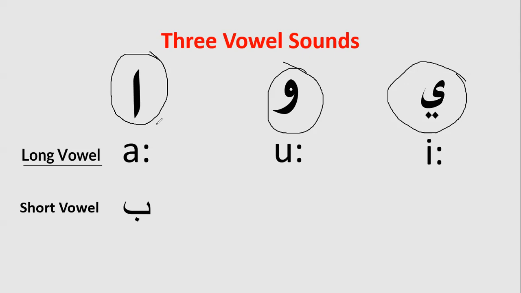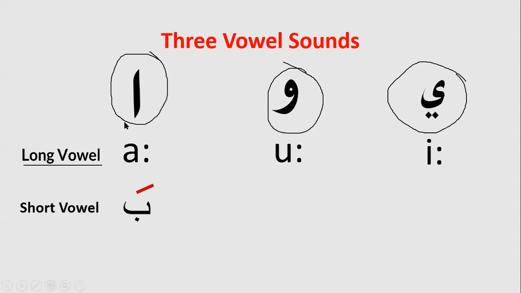So in order to pronounce this, we replace the vowel with some symbols. This is a letter ba, a consonant ba. So we just put a slash. This slash is called fatha, and it makes the sound a.